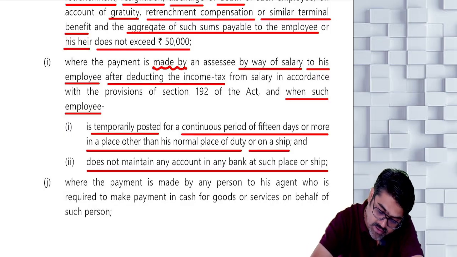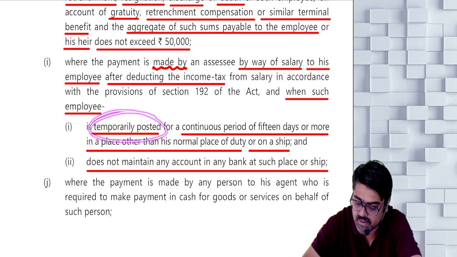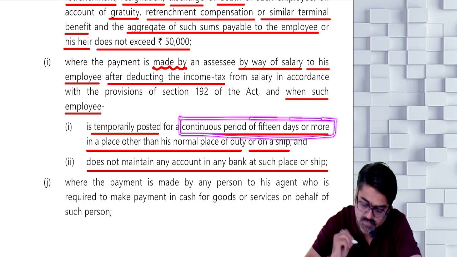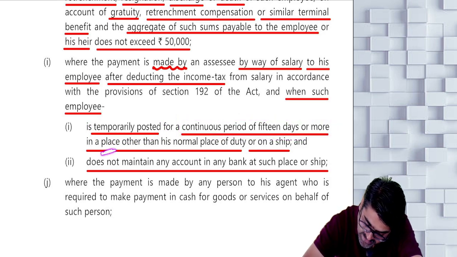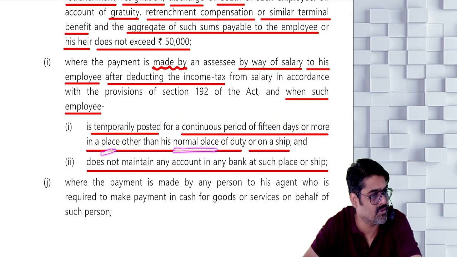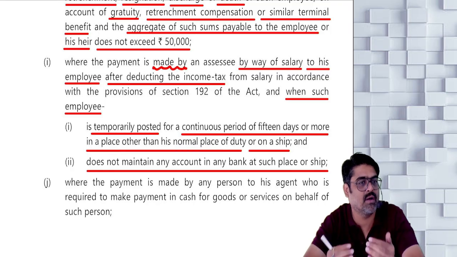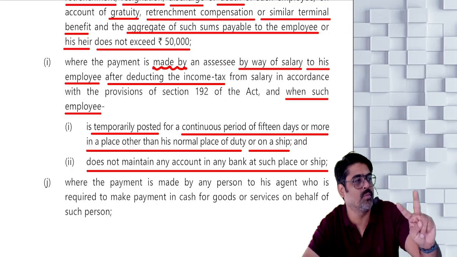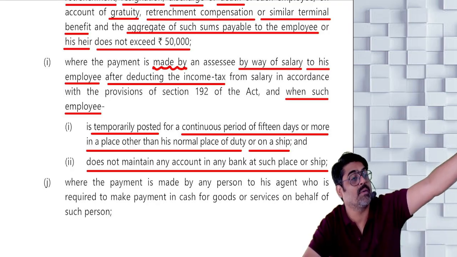So if your employee is posted temporarily for a continuous period of 15 days or more in a place which is not his normal place of duty. Normally you are working in Bangalore, but for 2 months I am sending you to some other place.